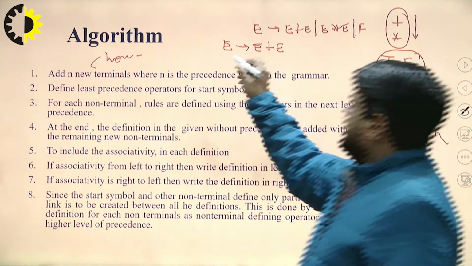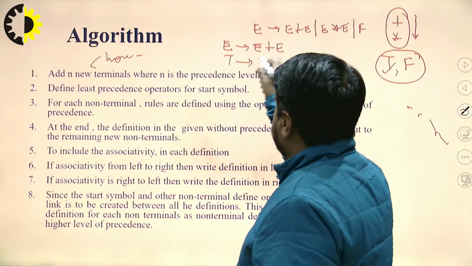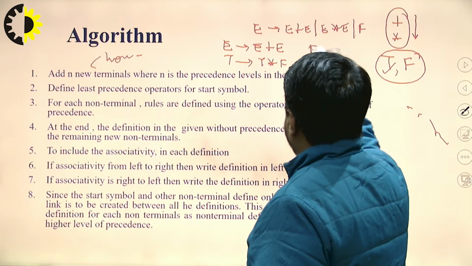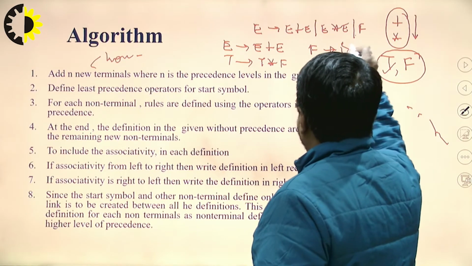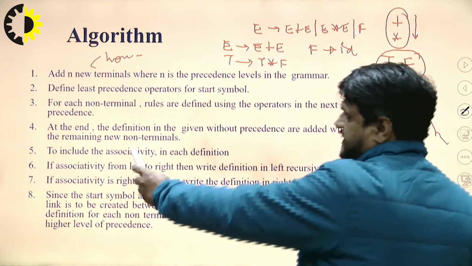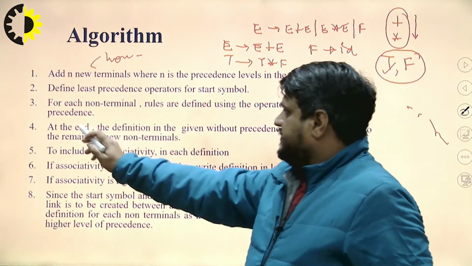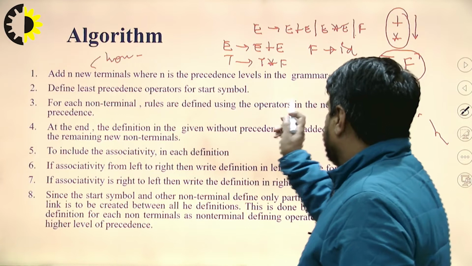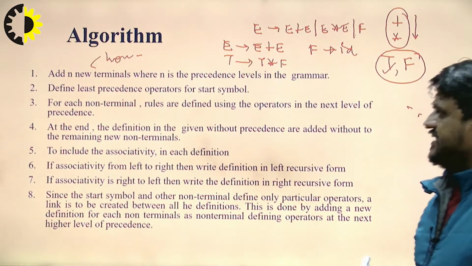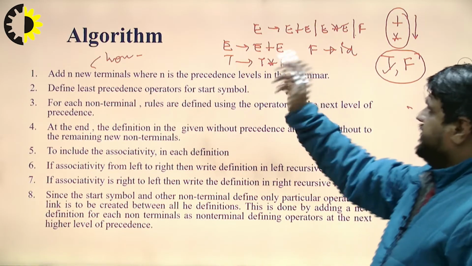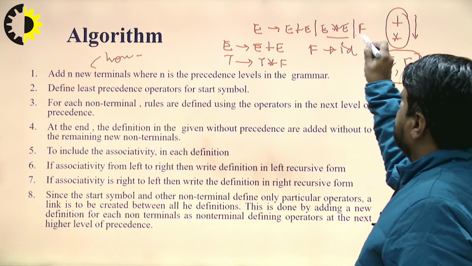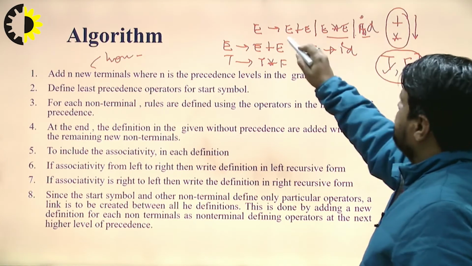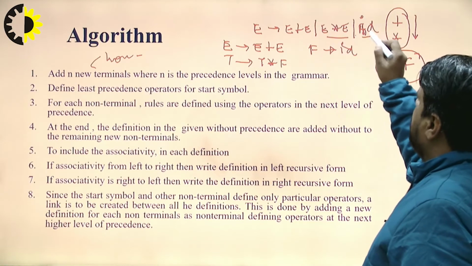So I have written T tends to T multiply F, and after that F tends to ID, right? What is the meaning? You can once again think of it: for each non-terminal, rules are defined using the operators in the next level of precedence, right? So I have written the next level of precedence, basically this one, E tends to E plus E, E multiply E, or ID.